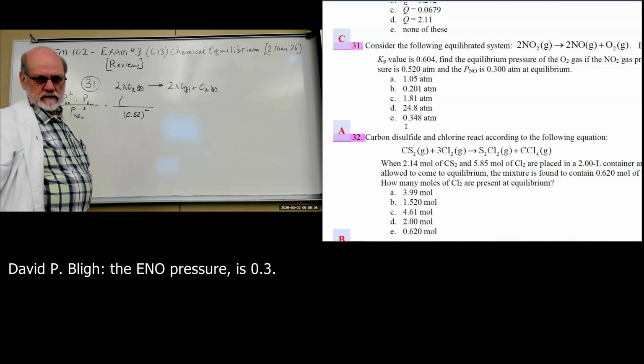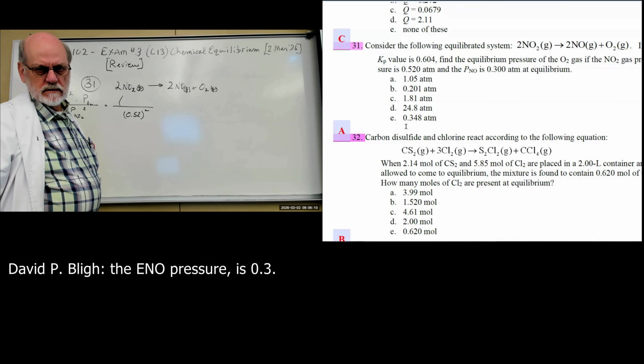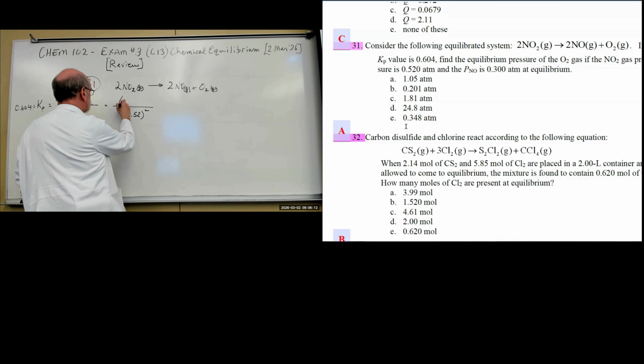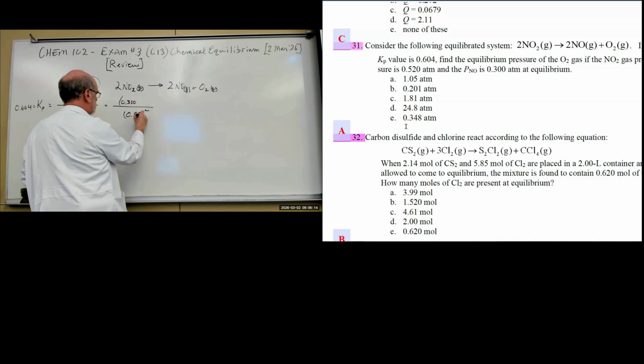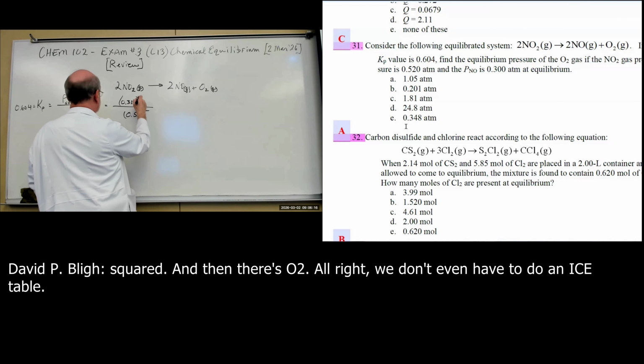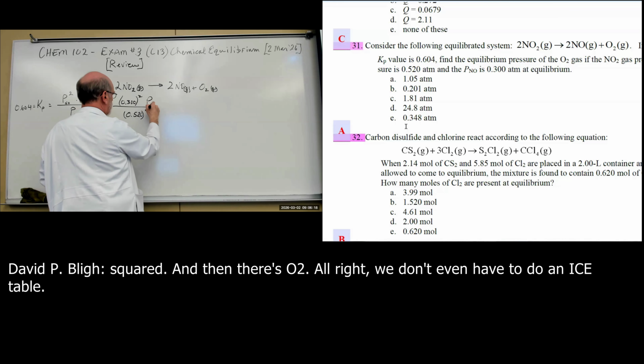The NO pressure is 0.3, squared. And then there's O2, which we're trying to figure out, the pressure of O2.